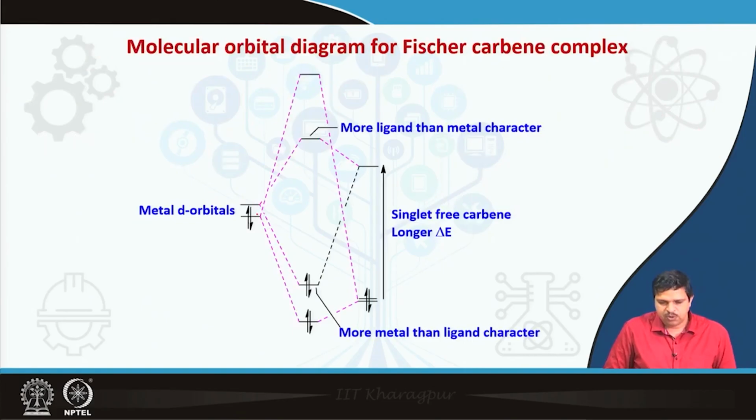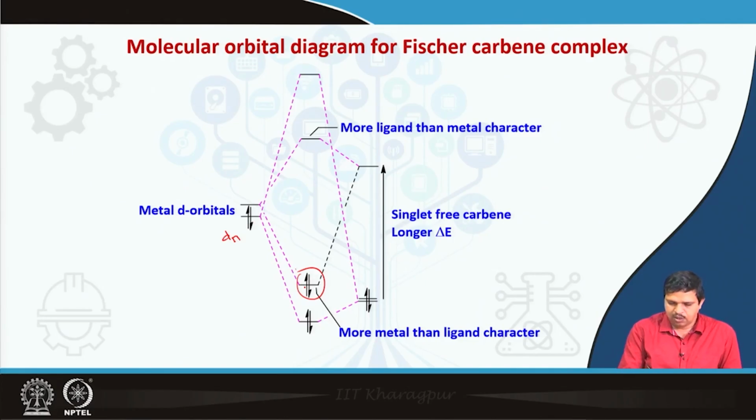Okay, so if you see the very simplified molecular orbital diagram of the Fischer carbene complexes, here the metal d orbitals, you will consider as a d pi here. Okay, and this HOMO you will see is more metal-like in character than ligand, because it is closer to the metal d orbitals.